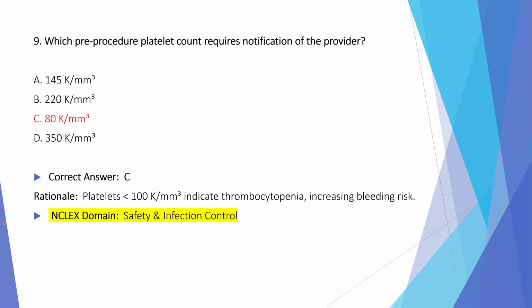So the domain is safety and infection control. Mostly it's safety, because you want to make sure that the patient is safe, and that's why you have to notify the provider.